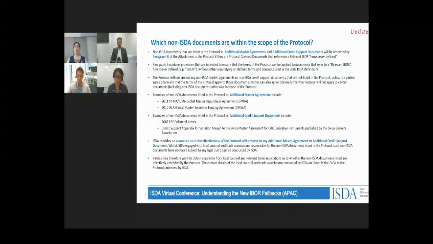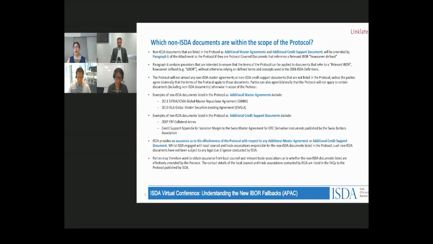A helpful piece of information on the ISDA website, linked to the benchmark protocol page, is a list of the trade associations as well as foreign counsel that had been approached by ISDA when they were working on the protocol.